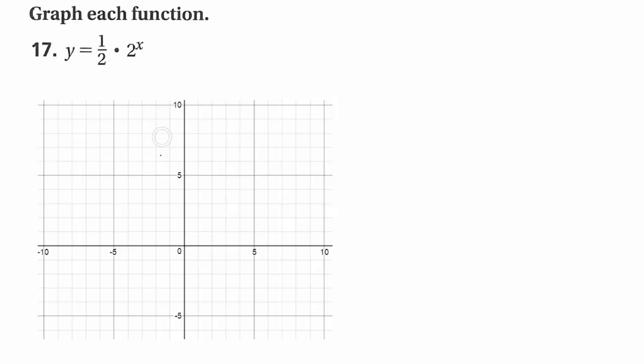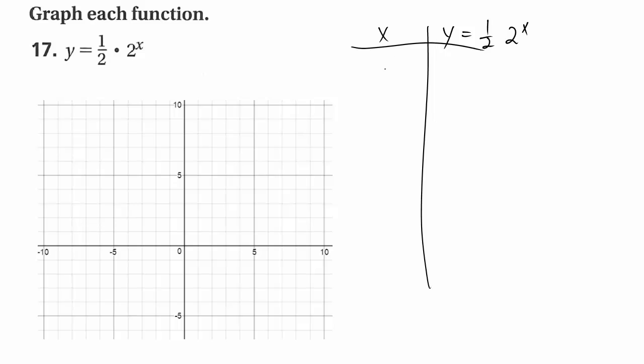Now, the reason we were evaluating that function at different x values was really so we can start to learn what the graph is going to look like. I can graph this, but it's not in slope intercept form, so it's really hard to graph it intuitively by just plotting y-intercepts and any of that. But if I use a table and I can do it by hand first, so y equals 1/2 times 2 to the x.